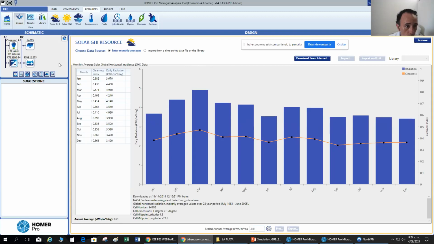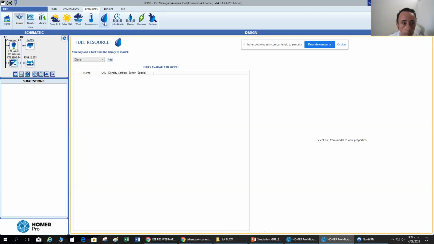It's a good one. Okay, this is the main resource, and they also have fuel. And you can use here different diesel or, let's say, fossil fuels if you need it to have a good complement for a solar system.